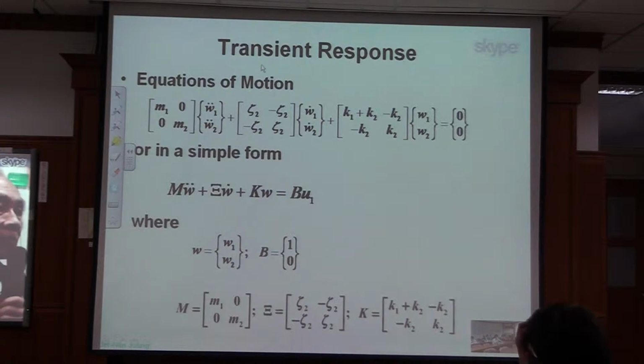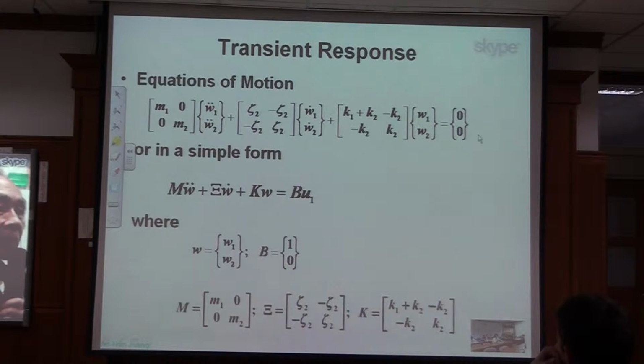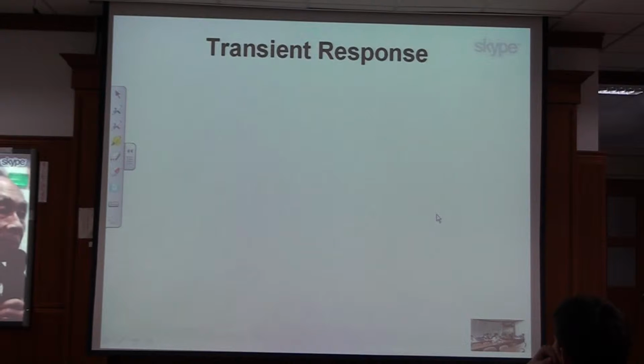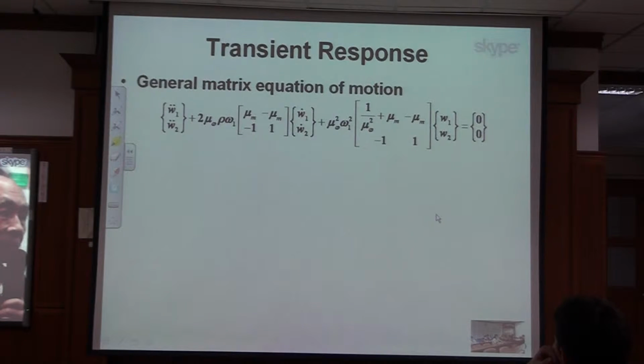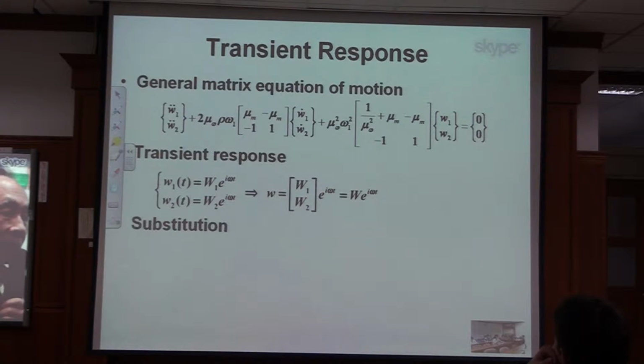What do we mean by transient response? U1 is 0, so this is supposed to be 0, and that's the formulation. I think the formulation is a little bit wrong here. So this is transient response.